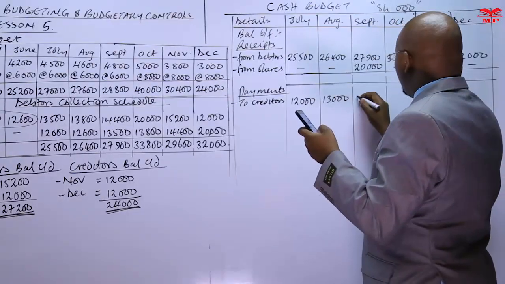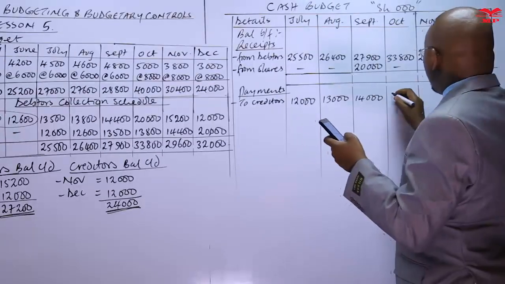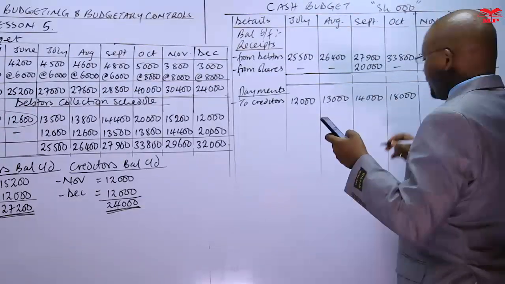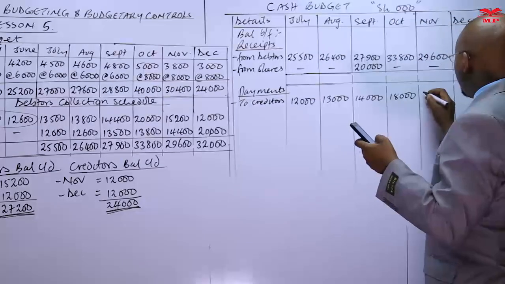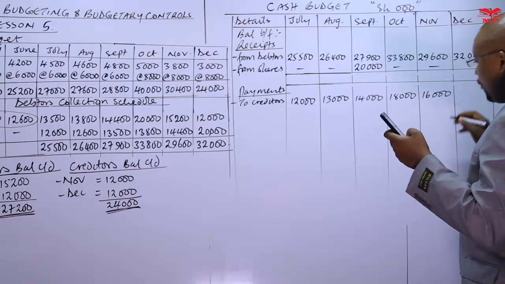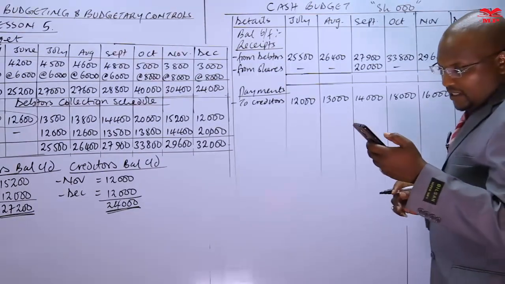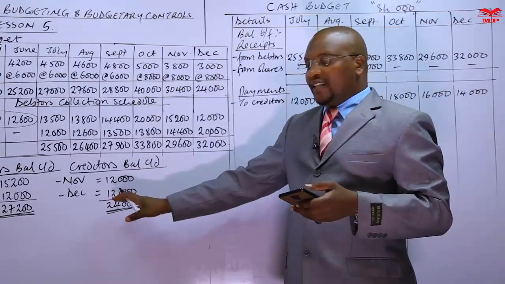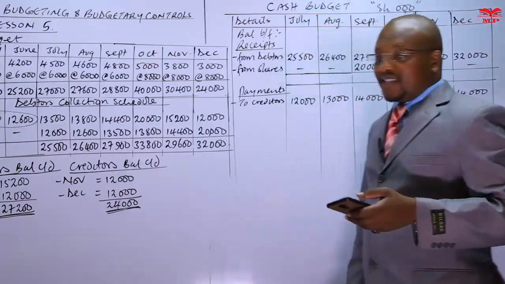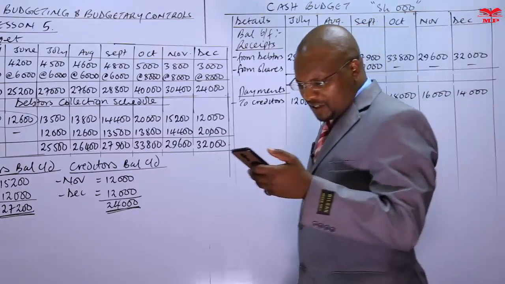July is 14,000, August 18,000, September 16,000, October 14,000. November and December I have already indicated as creditors, so there is no payment by the end of the period.